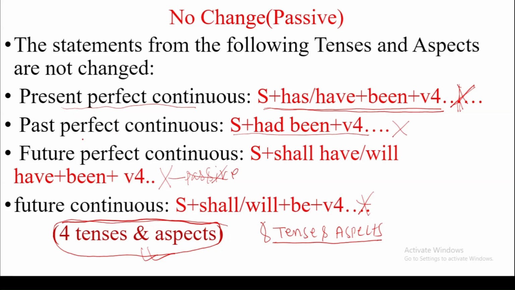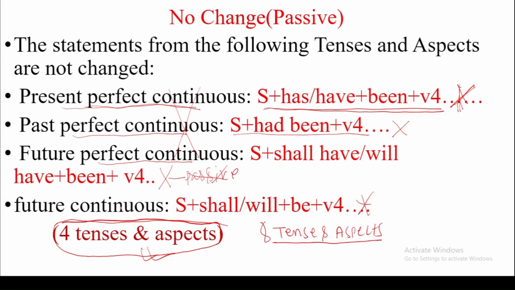There are 3 aspects of each tense: the perfect continuous aspect of present tense, the perfect continuous aspect of past tense, and the perfect continuous aspect of future tense. So the perfect continuous aspect of any tense cannot be changed. And the 4th one is future continuous.